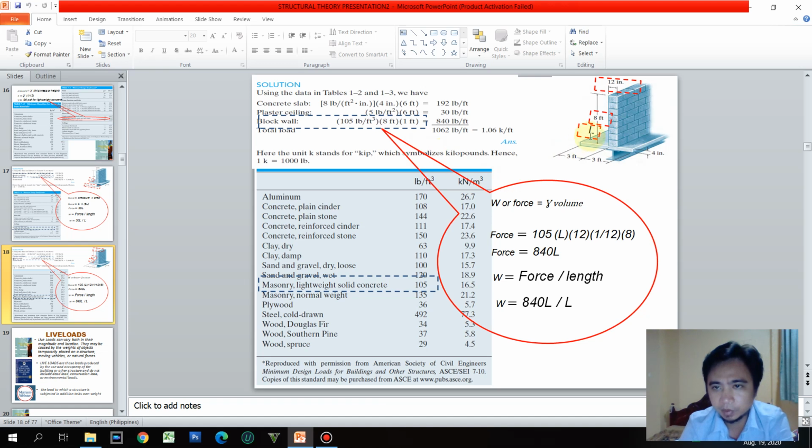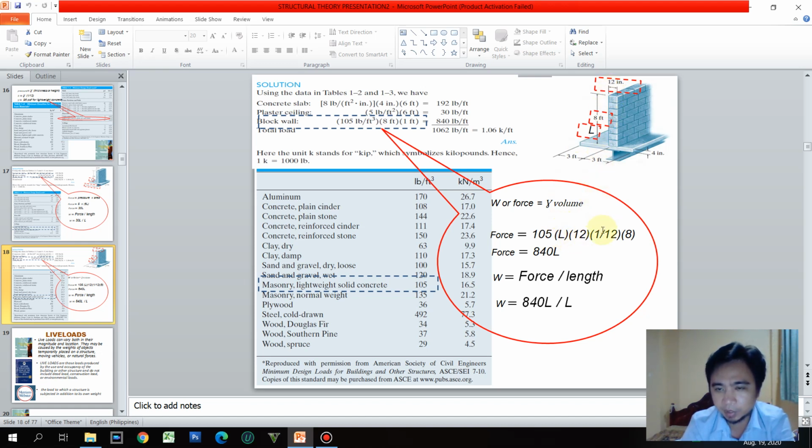Here we have the volume. What is the length? L. The width is 12 and the height is 8 feet. So remember that 12 here is in terms of inches, and we have to comply with cubic feet strictly. That is why we have 105 L times 12.